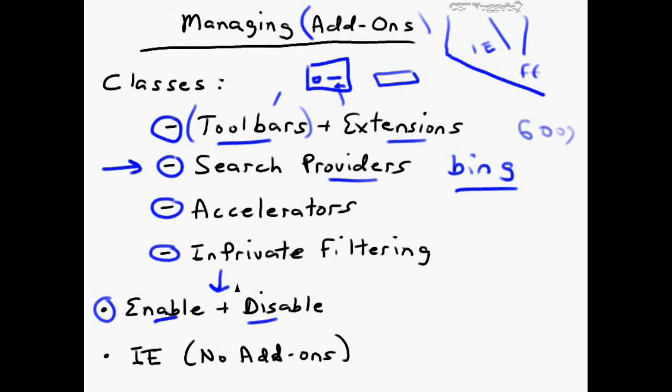You might have also noticed in your Start menu in Windows 7 that you have at least 2 instances of the Internet Explorer icon. You have 3 if you're on a 64-bit machine. 64-bit would give you Internet Explorer 64-bit, Internet Explorer 32-bit, and then Internet Explorer with no add-ons.